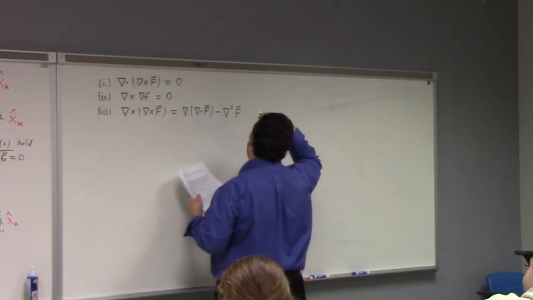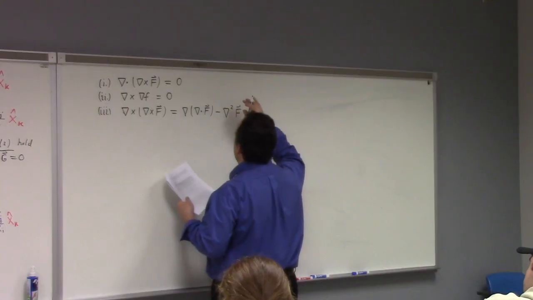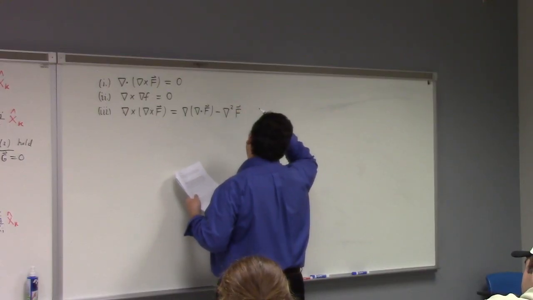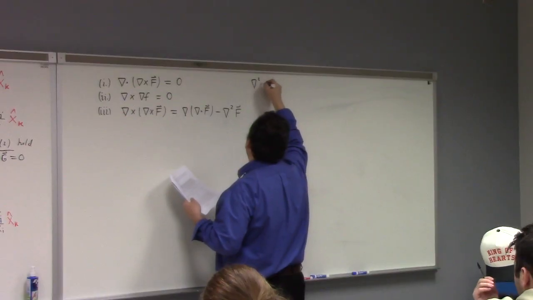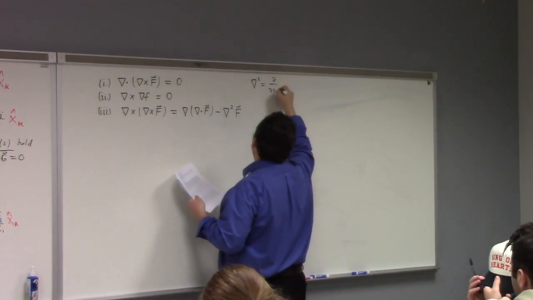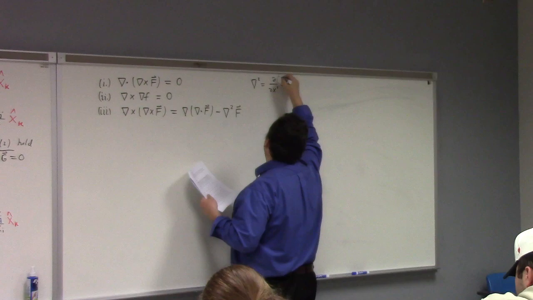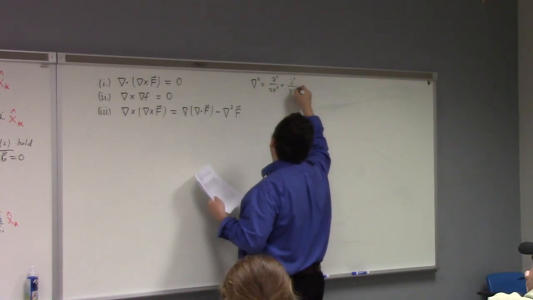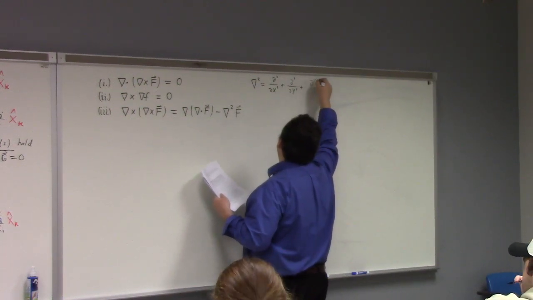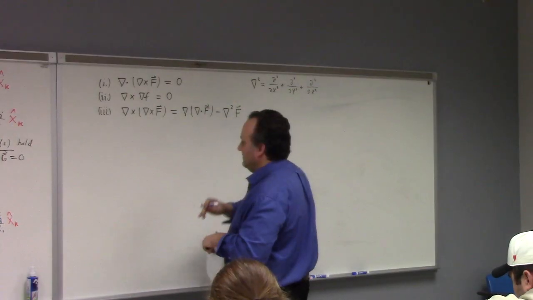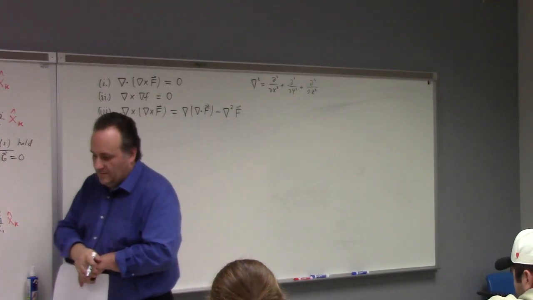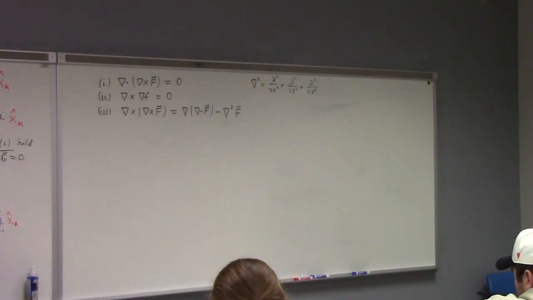Well, nabla squared is this thing. So when I write nabla squared f, it's a vector of second partial derivatives.